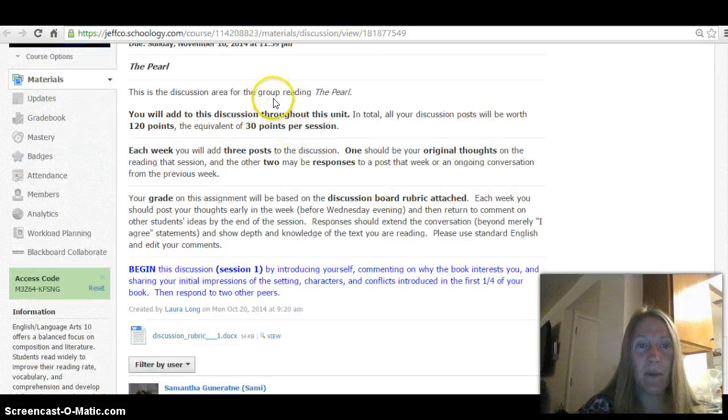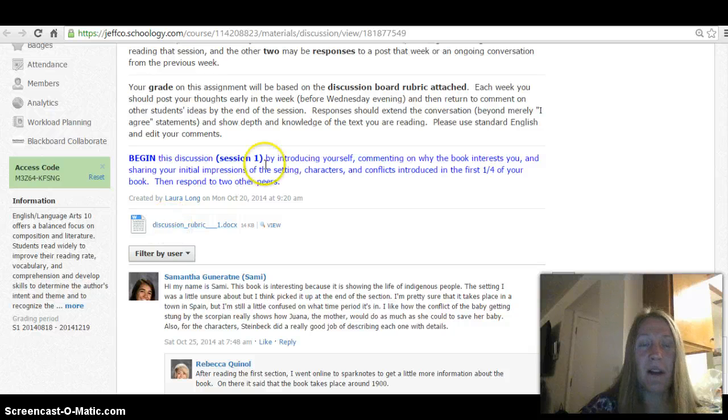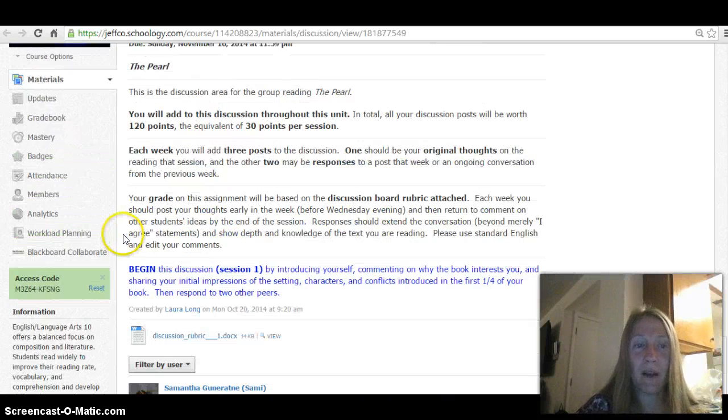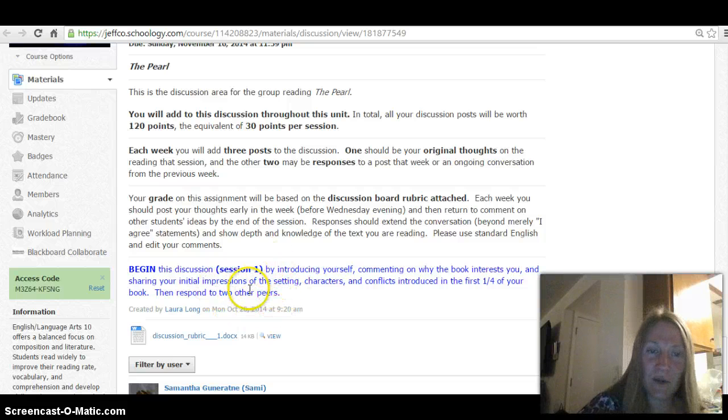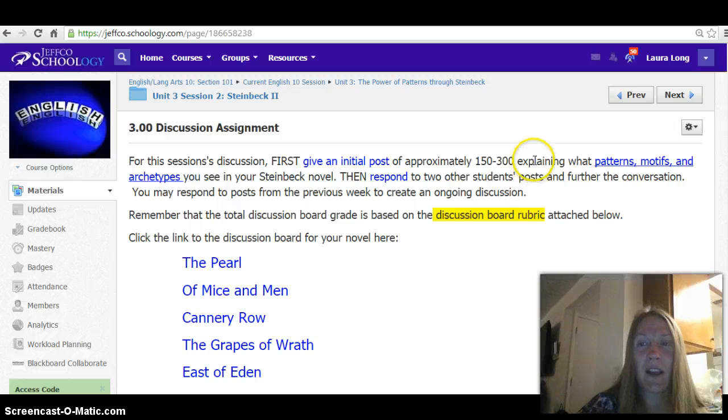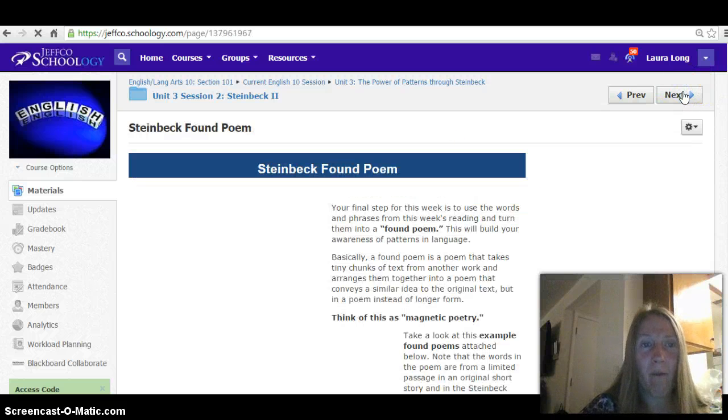The Pearl, for example, has some of those initial reminders about how it's being graded and the discussion board rubric here. And from there, you'll just go on with the post topic that I give you each week. This one in blue is actually for just last week, but then the one for this week is about patterns and motifs. So that's kind of where we're going on that.